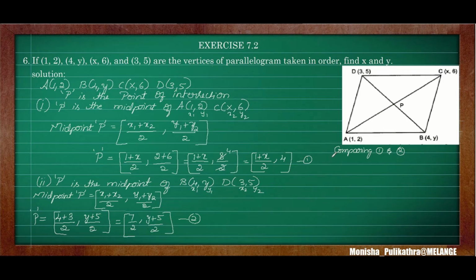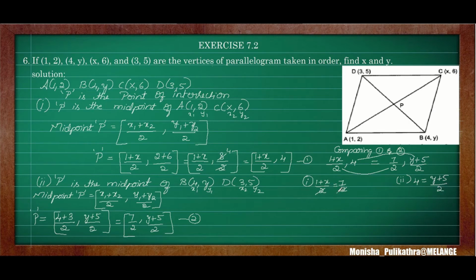So we compare these two: ((1 + x)/2, 4) is equal to (7/2, (y + 5)/2). We compare this with this and this with this. In the first case, (1 + x)/2 is equal to 7/2. In the second case, 4 is equal to (y + 5)/2.